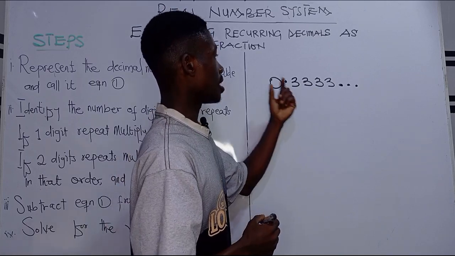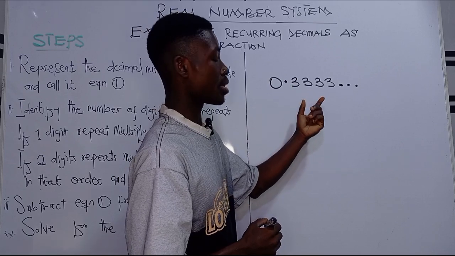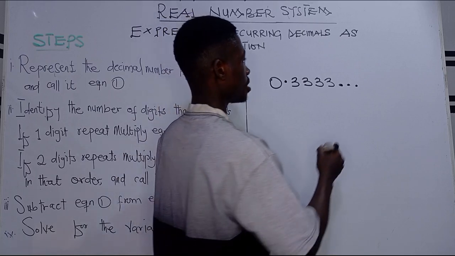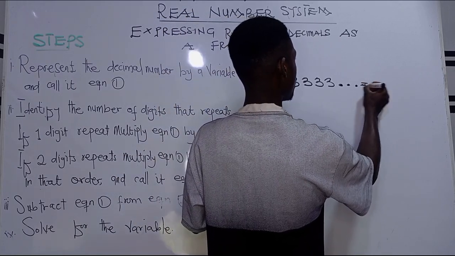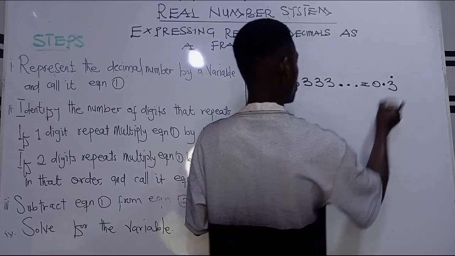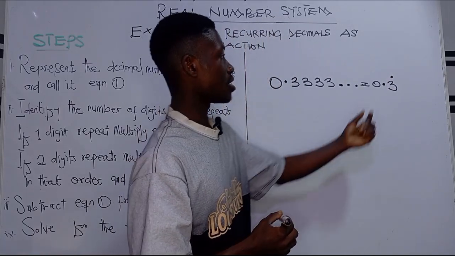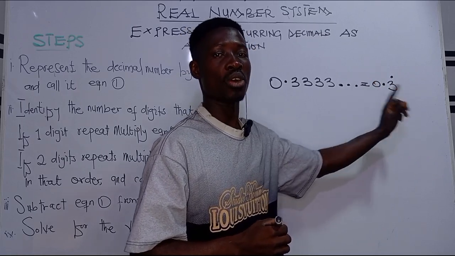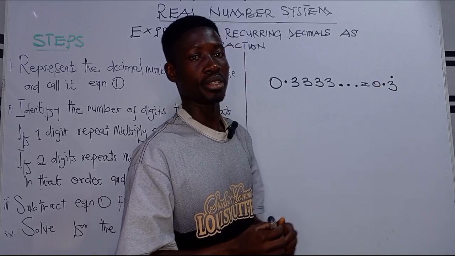The number 0.333 up to infinity can be written as 0.3 with a dot. Whenever you see this, it means the number is a recurring or repeating decimal.